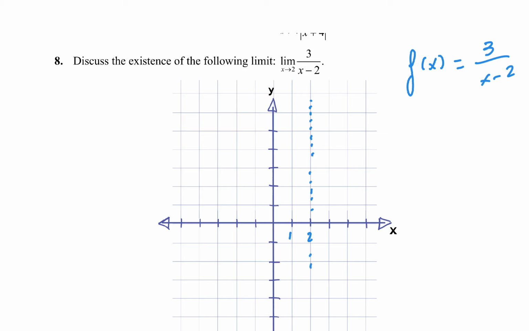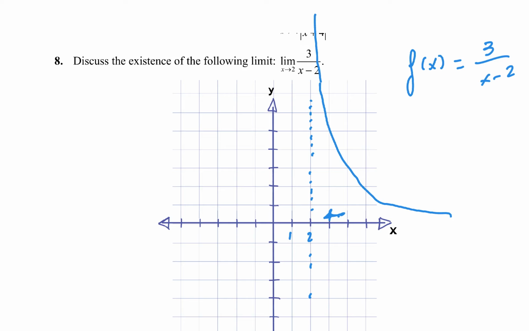So the first way I said was to graph the function. If you graph the function, it should look something like this. And you see when you are approaching 2 from the left, you go farther and farther and farther. You never arrive at any point because you go to infinity.